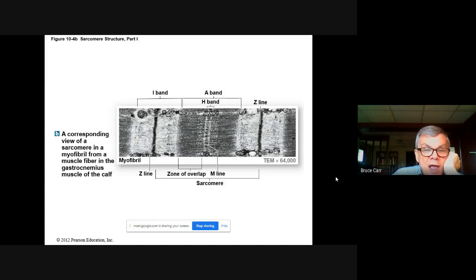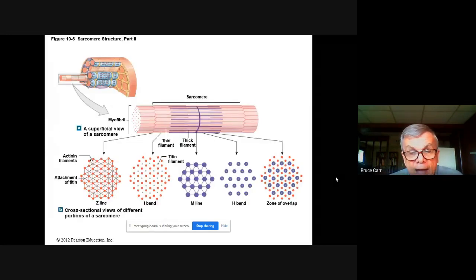It is that area of overlap between actin and myosin, shown on the right side of this lower diagram, where actin and myosin are lying next to each other. That area of overlap is where the cross bridges will form and contraction will be produced. So this structure for the sarcomere sets us up to understand how the process works.